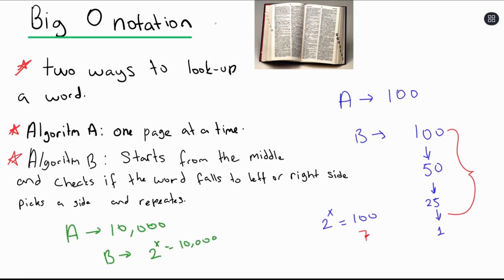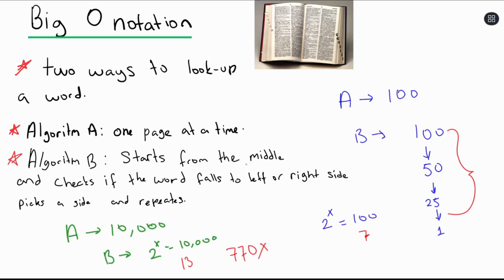So it takes about 13 operations at worst case. Now in this example, algorithm B is 770 times faster. So as you can see, it depends on what input size we're using. So clearly we can't say one is this many times faster than the other one.